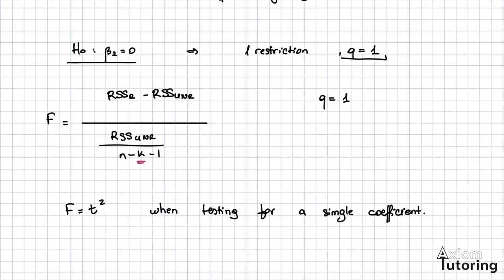Okay? Now, why would this make sense? Keep in mind, the t-test measures distance from 0 in standard errors. The f-test measures improvement in fit, the improvement we made the moment that we added more variables.